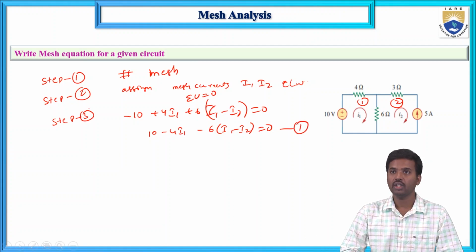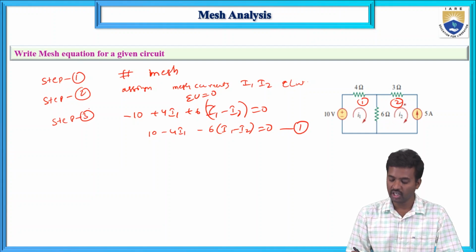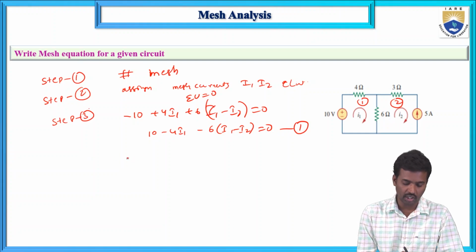Now the second mesh equation. Here we cannot apply KVL in this mesh, because of the current source. The current direction is the mesh current, so I2 directly equals minus 5. This I2 is downwards and the 5 is upwards. This is for mesh 1 and this is for mesh 2.